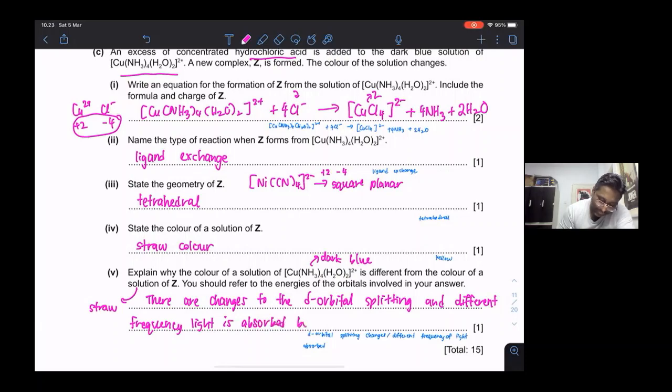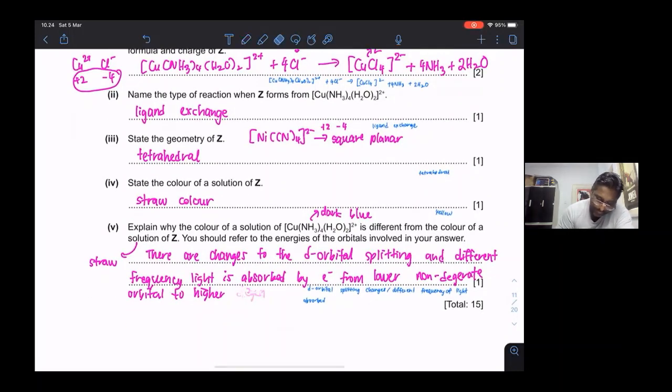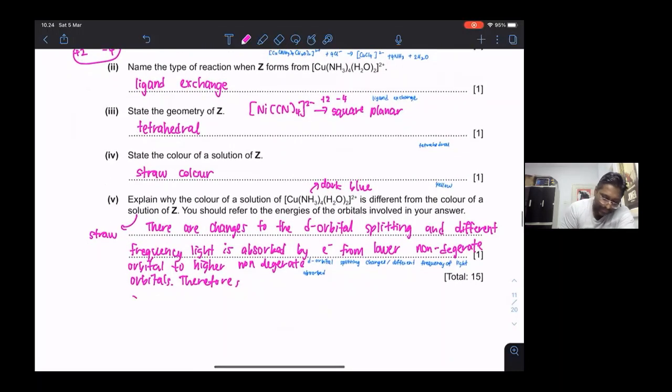Absorbed by the electrons, from lower energy non-degenerate orbitals to higher non-degenerate orbitals. Therefore, a different complementary color is seen.